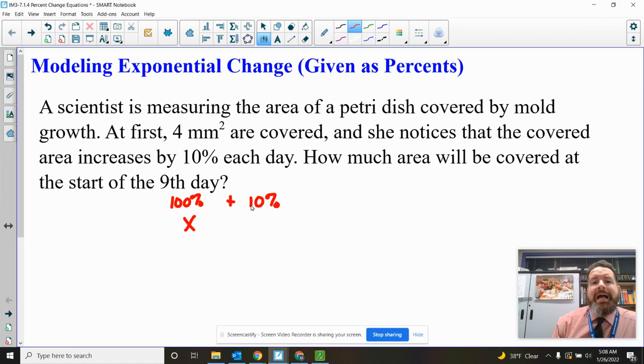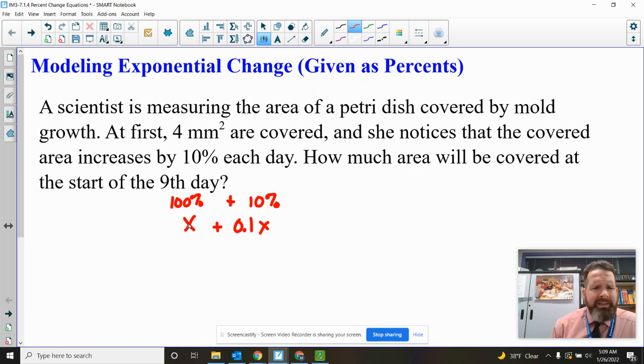So 10% of this amount means 10% times this amount. To do that, turn the 10% into a decimal, move the decimal over 2 spots, that's 0.1. So this represents that additional 10%, the full amount we started with, plus this additional 10%.